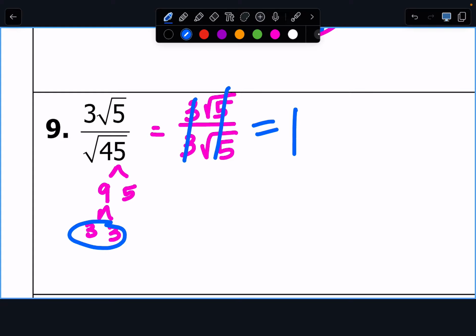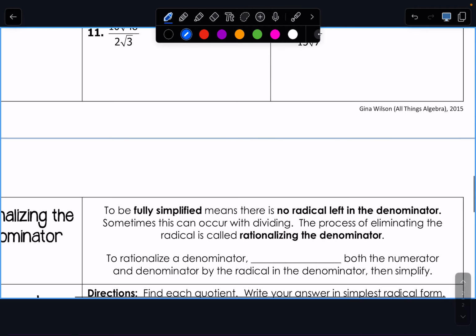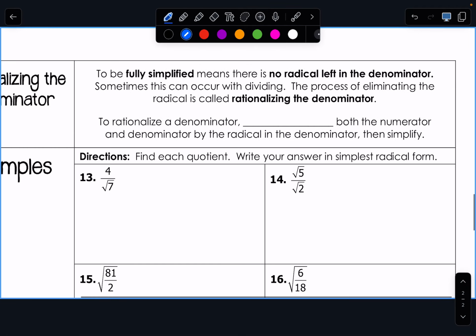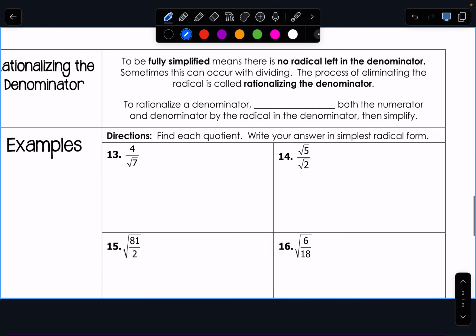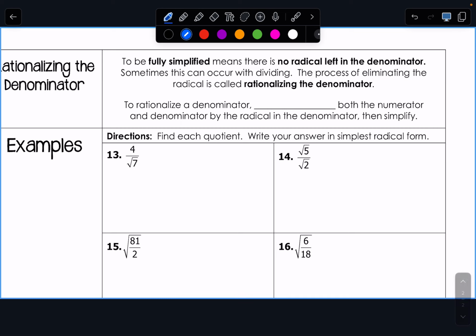Now, what you don't have flexibility with is you cannot leave a radical in the denominator. So, let's go over here to page 13. Okay? We always need a rational denominator. A square root without a perfect square, like square root 7, square root 2, square root 10, those are irrational numbers.